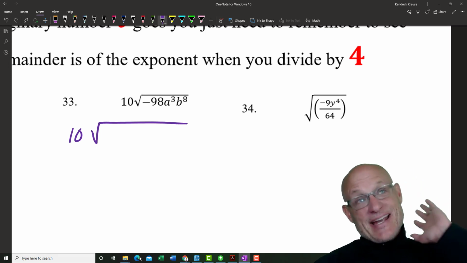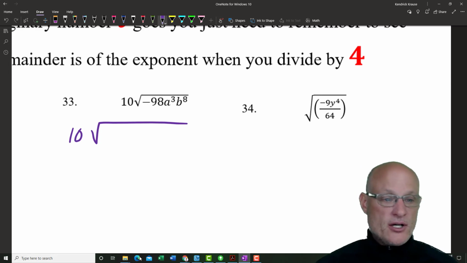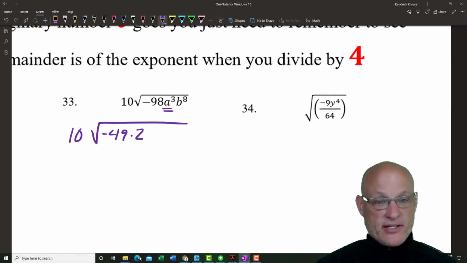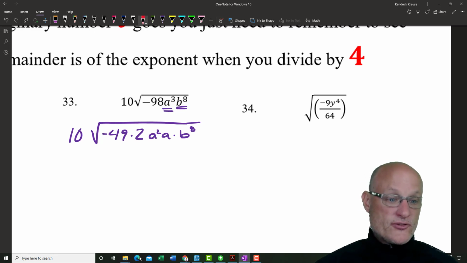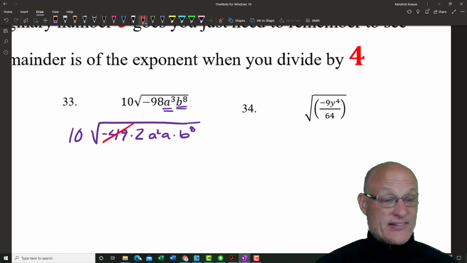If I cut 98 in half, I get 49. Oh, that's a perfect square. So I'm going to rewrite this as negative 49 times 2. Now I've got to write these as evens and leftover evens. So a squared, a, that's a cubed, times b to the 8th. 8's already even, so we're good with that. The square root of 49 is 7, so the square root of negative 49 is 7i.